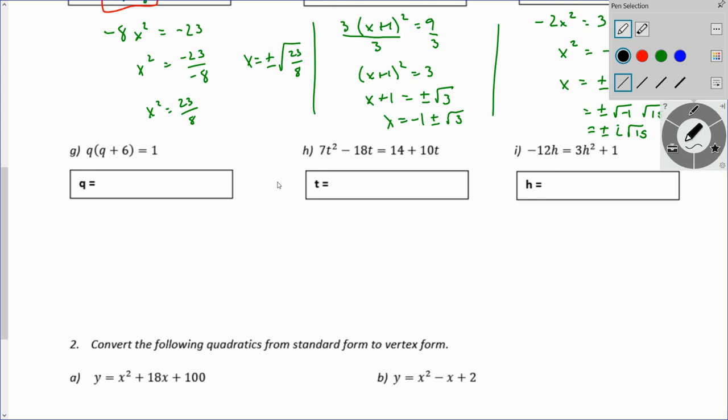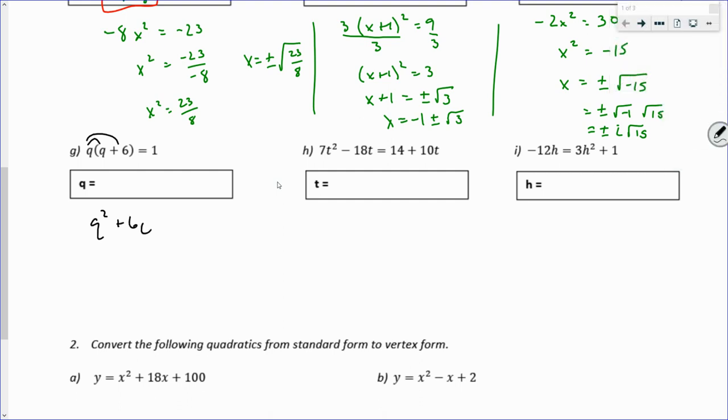Going down to the last one. First thing I'm going to do is multiply this into a binomial. I'm also going to subtract the 1 over. So now I'm going to mess with this thing. This might be the first time on the whole front side I'm going to use quadratic formula.